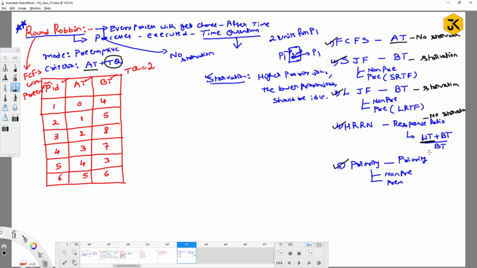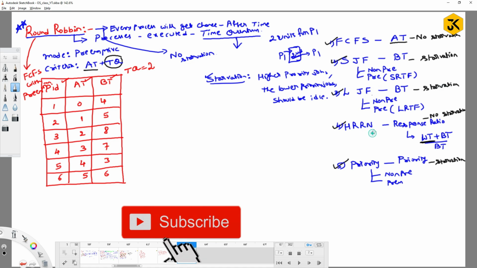In priority algorithms we have starvation: if there is a process with higher priority, the other processes starve. So FCFS has no starvation, SJF has starvation, LJF has starvation, HRRN has no starvation, priority has starvation, and round robin also has no starvation.